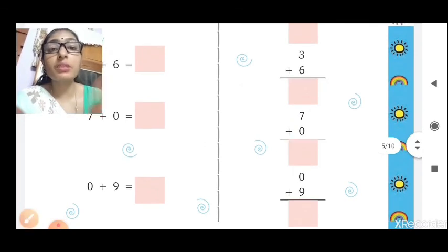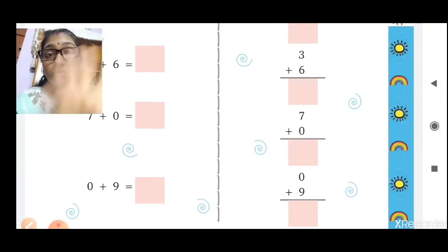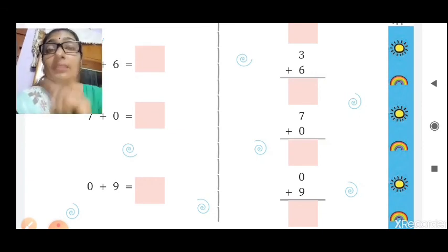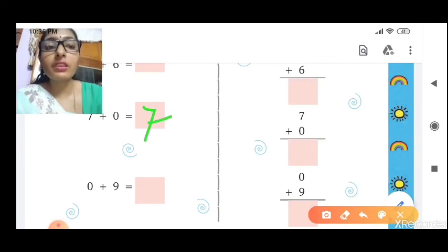Now here one problem you will see. 7 plus 0. When 7 is in the mind, 0, how can we show it? Nothing. So 7 plus 0 is 7 only.